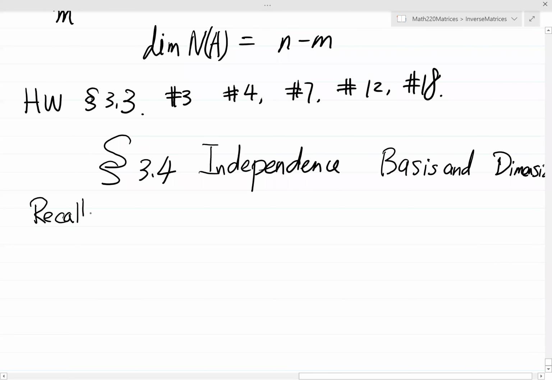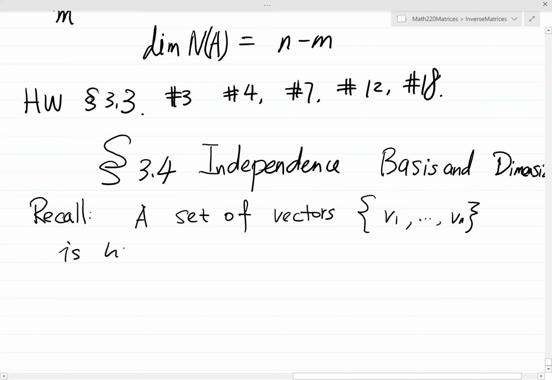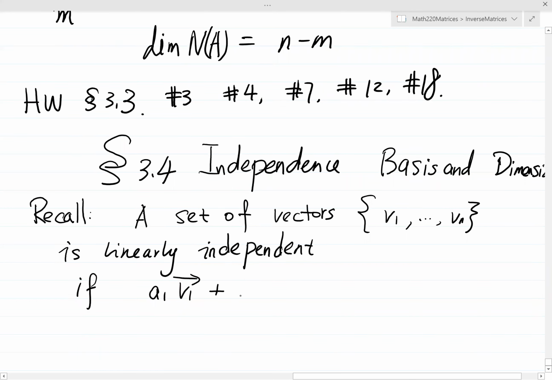A set of vectors V1, V2, all the way to Vn is linearly independent if there is no relation between them, i.e., any relation is the trivial relation. If their linear combination is 0, which is only possible with the trivial relation, then the coefficients should all be 0.